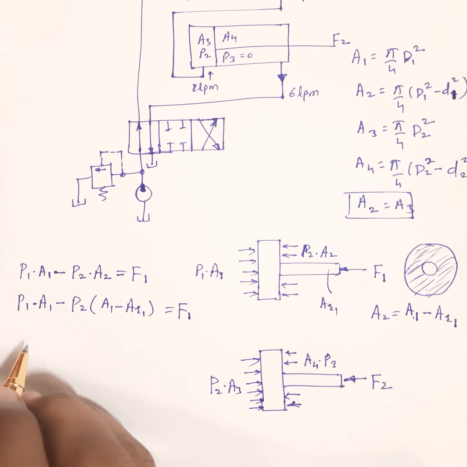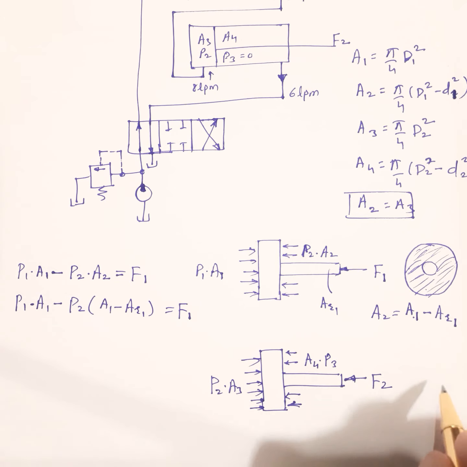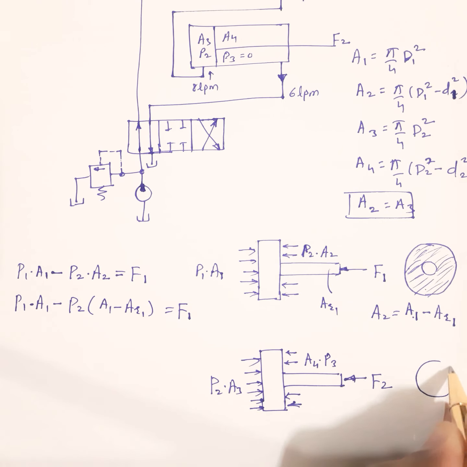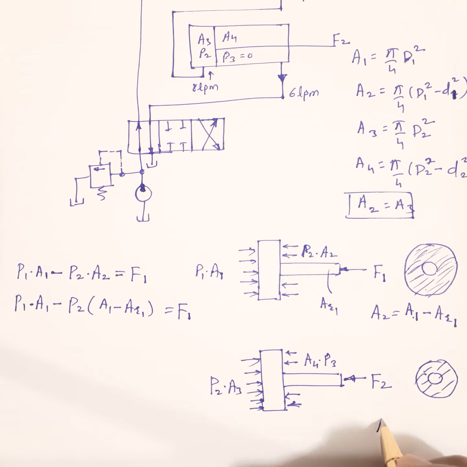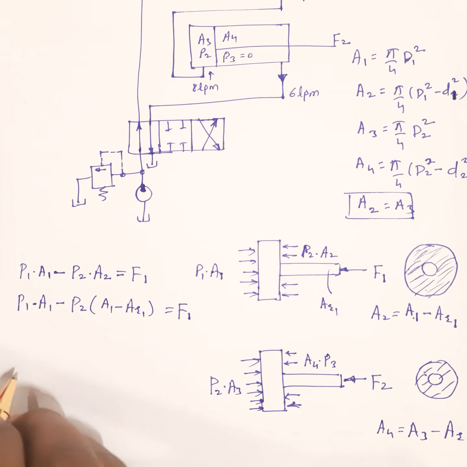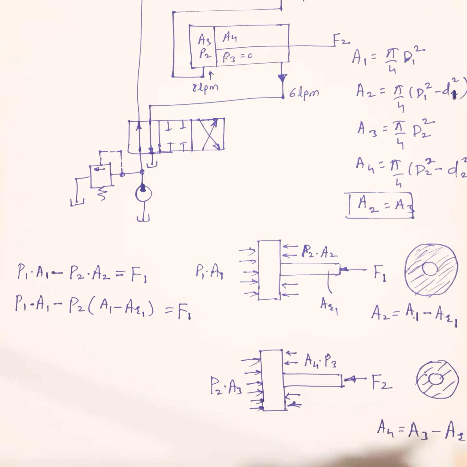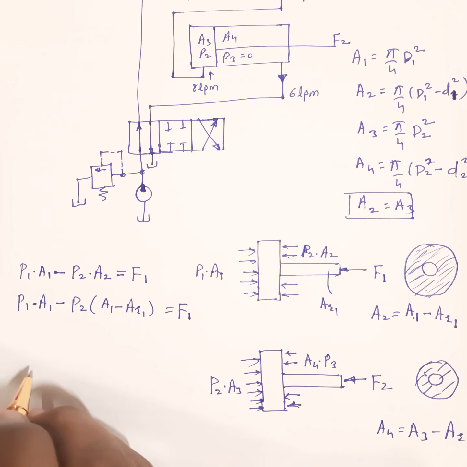So let us see the force analysis. Now here again the A4 area is this resultant area. Similarly, whatever we have seen here, A4 is equal to A3 minus AR2. Okay. Now as this complete term becomes 0, we will not go into detail about that.